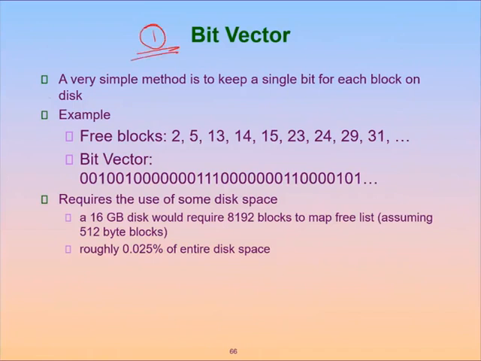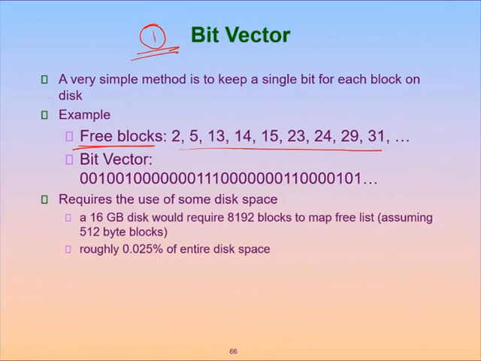This is a very simple method. You just have to keep a single bit for each block, and if the value of that bit is 0, we say the block is not available, and if the value is 1, we say the block is available for usage. For example, suppose we have free blocks 2, 5, 13. These are the block numbers, and these are the free blocks.